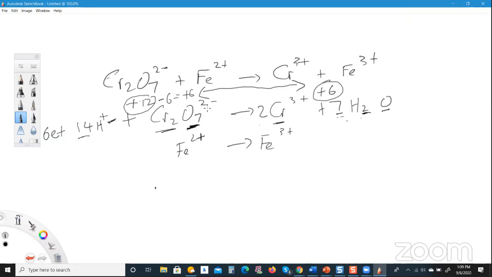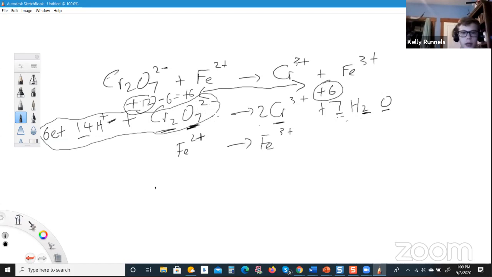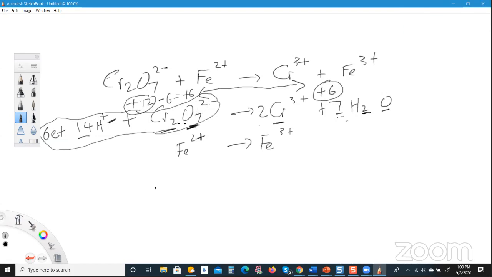Well, it is still the case, but what we were concerned with is the overall charge on either side of the equation. So this is the left side here. So we're not concerned with the charges within the formula. We're concerned with the total charges within the compound or on the side of the equation.